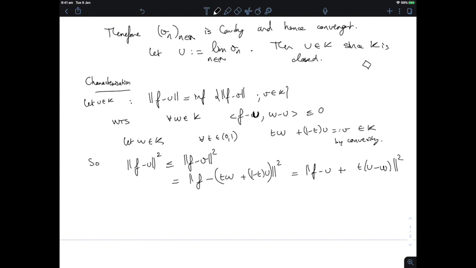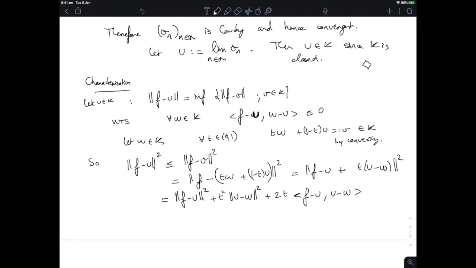Now you can expand that norm, using an inner product, and you're going to get the norm of f minus u squared, which is what we also have on the left hand side conveniently, plus t squared times the norm of u minus w squared, whatever this may be, plus 2t times the inner product of f minus u with u minus w, which is exactly the quantity we are interested in, or minus the quantity we are interested in.